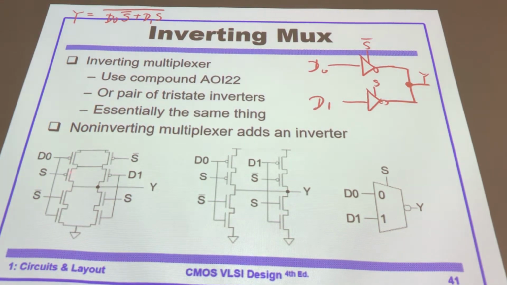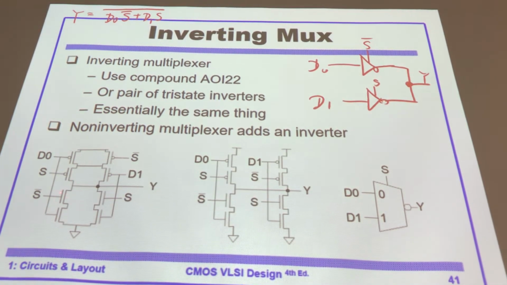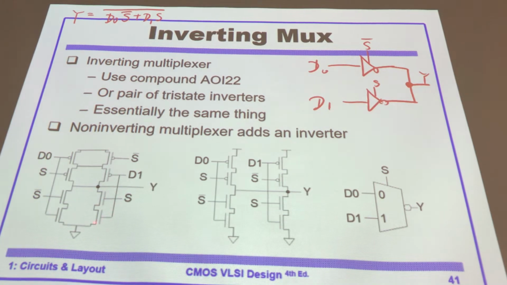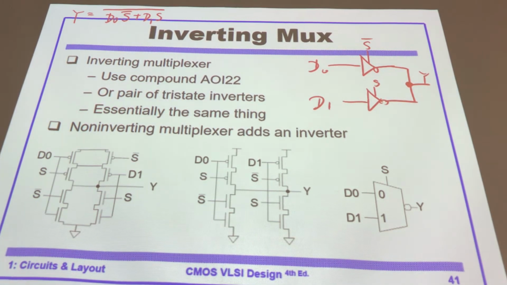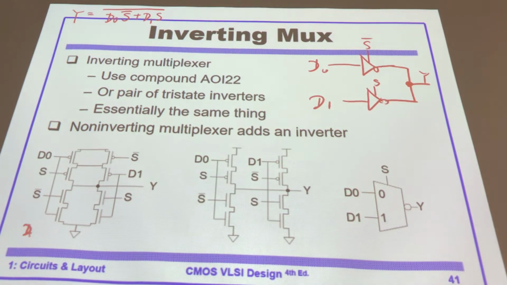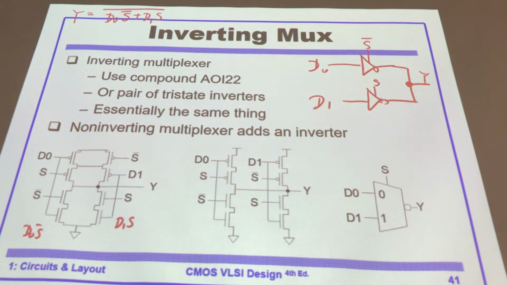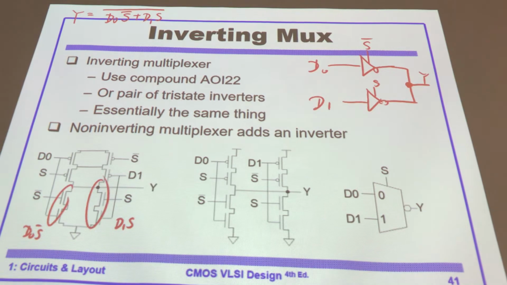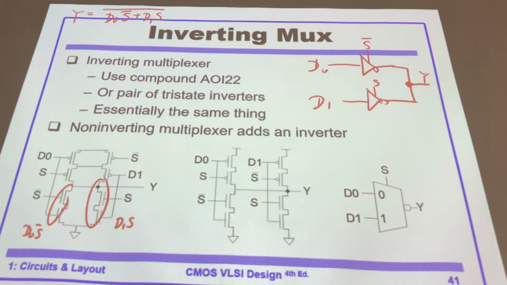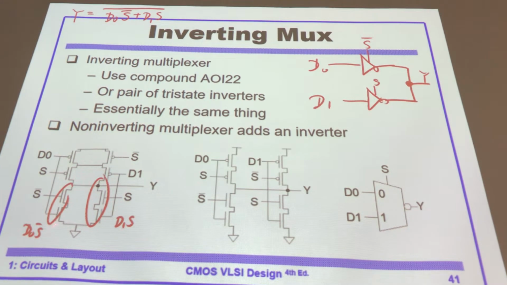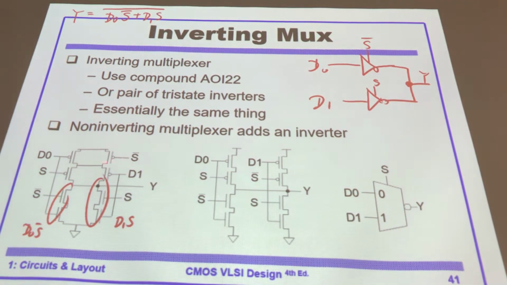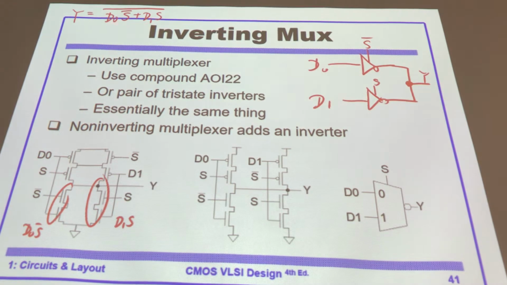D0 bar is in series with S bar, and D1 is in series with S. Then the complement rule: connections in series in the pull-down become parallel in the pull-up. D0 and S bar in parallel, D1 and S in parallel, and the two groups in series, just the complement. So that's exactly this Boolean function.